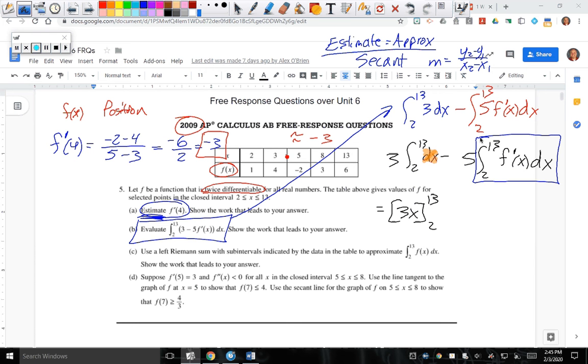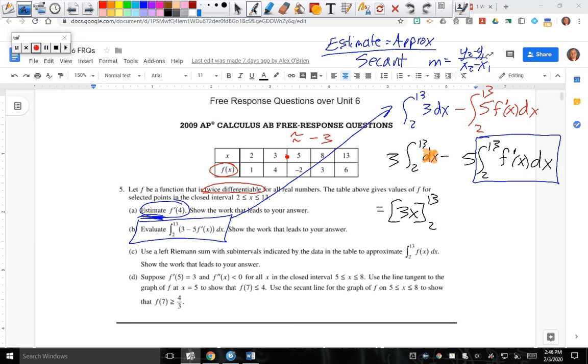Isn't it just final minus initial? Final minus the initial. It's called the fundamental theorem of calculus, the first one. Guys, this is one thing we cannot forget. This is so huge on the entire AP exam. Let me erase this, because it's on video and you guys have already written it down in your notes.